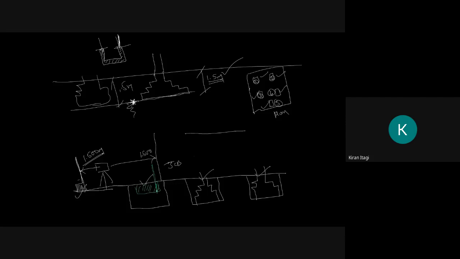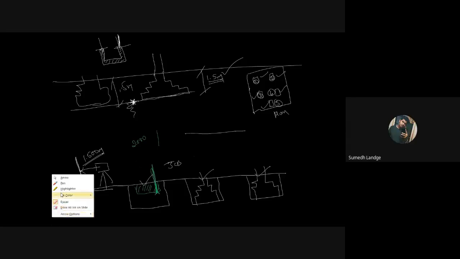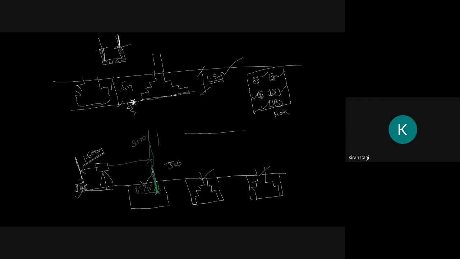So I will keep my staff here, up to this point. Then I will take the reading. How much is it showing on the staff? Say it is showing 2.00. Then how much excavation has been done? Can anyone tell? 0.5. Yeah, very good.